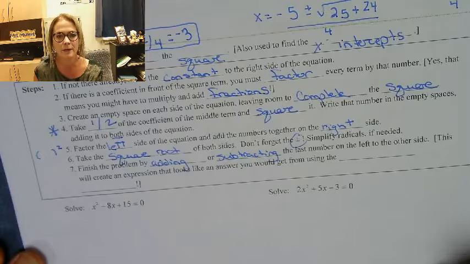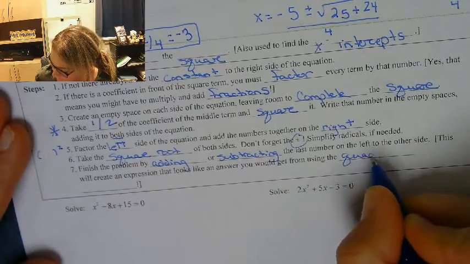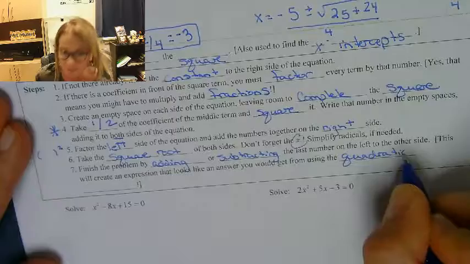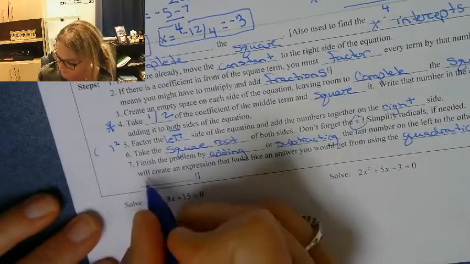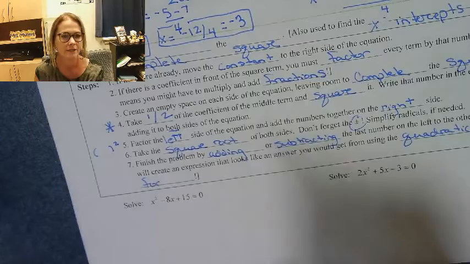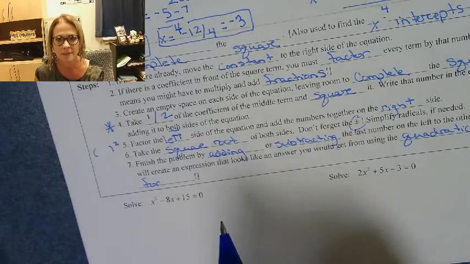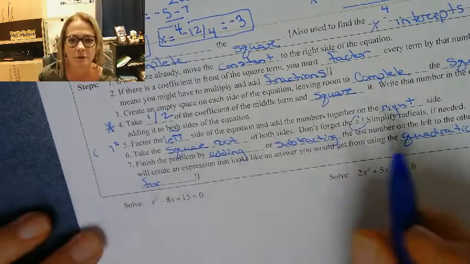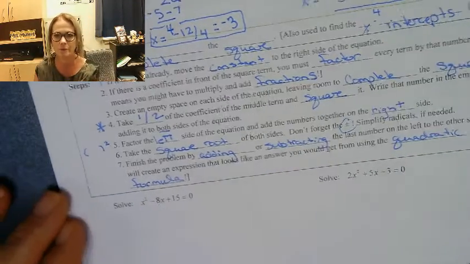This will create an expression that looks like an answer you would find from using the quadratic formula. Not the one that's above, because it would factor, so these are easy, but one where you get -4 plus or minus root 33 all over 6, something like that. That will look familiar to you.